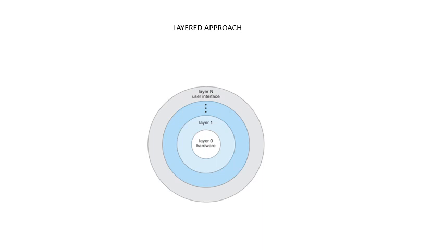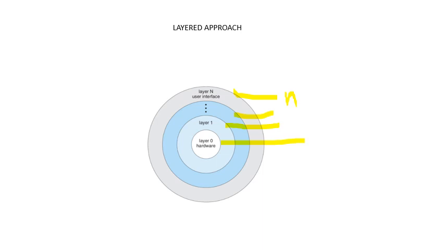You can see the different layers. It starts from the innermost, which is the 0th layer, then 1, and so on, up to n layers.